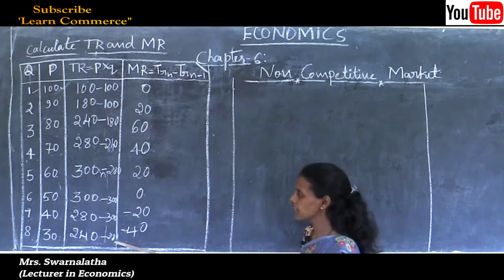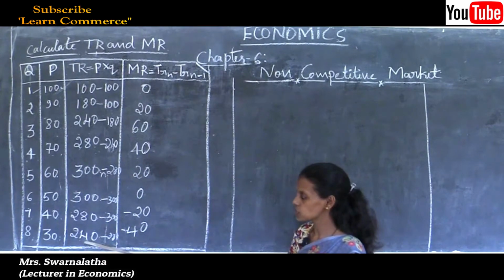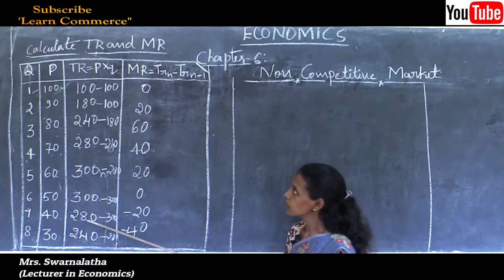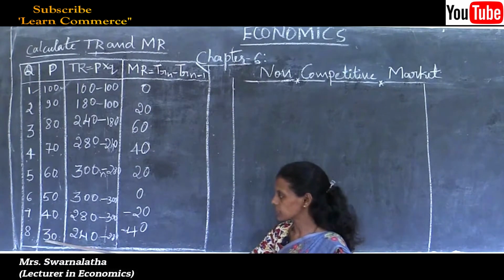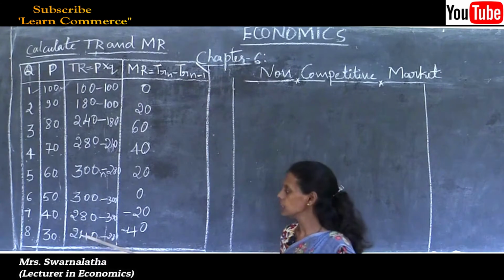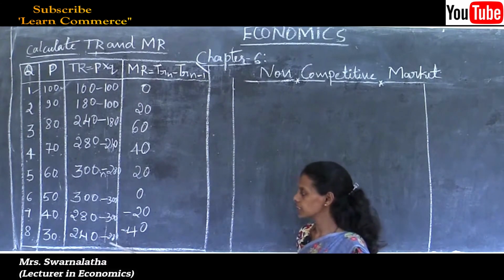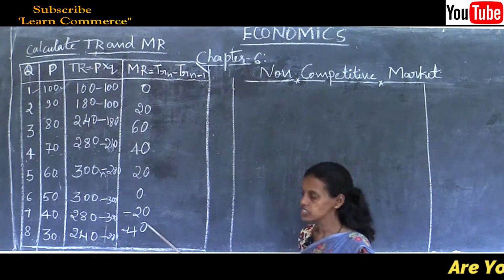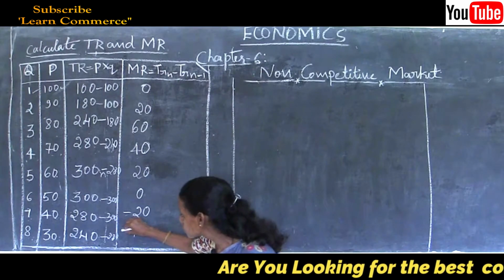And 240 minus 280: the current unit is 240, produced at price level 30, and the previous unit is 280, produced at price level 40. 240 minus 280 is minus 40.